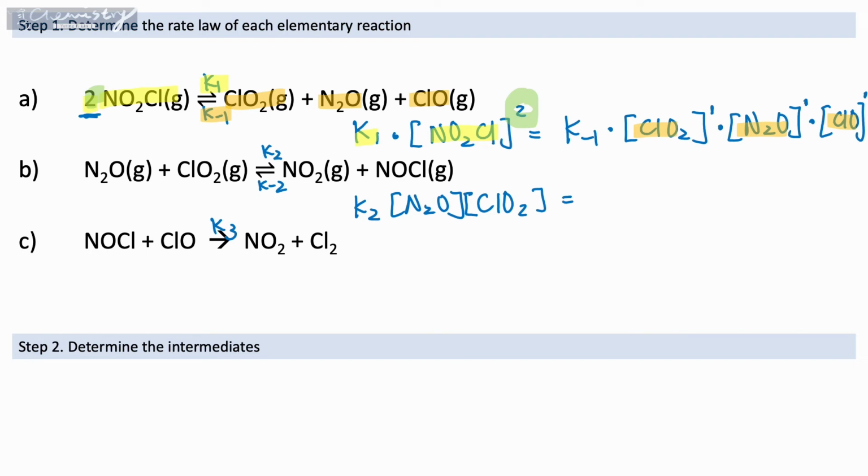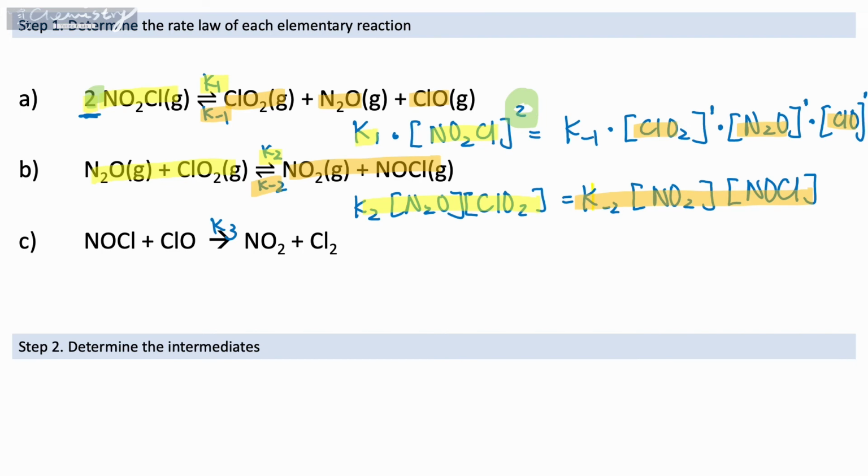So that is the reactant side using K2. And on the product side, we're going to be using K-2, indicating that it is the inverse reaction of the second one, multiplied by NO2 to the first power and NOCl to the first power. And again, the power is dependent on the coefficient.